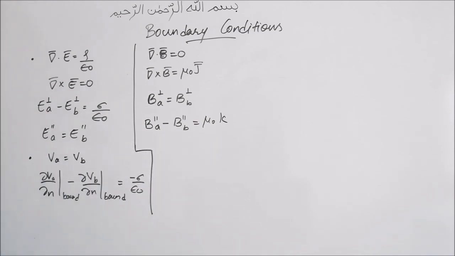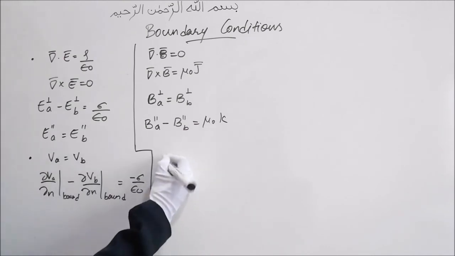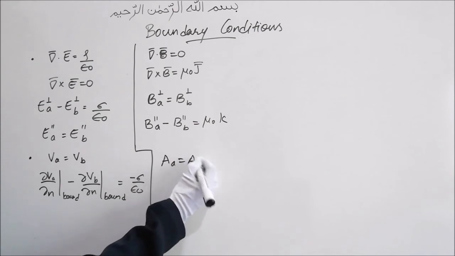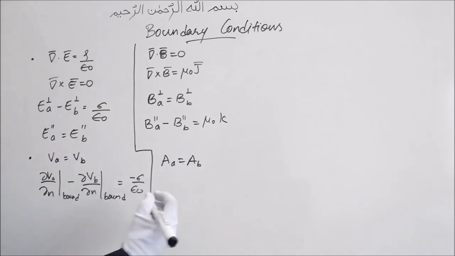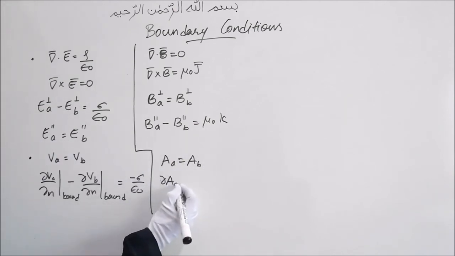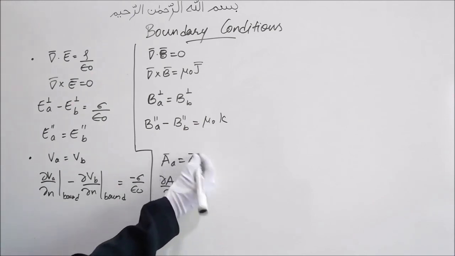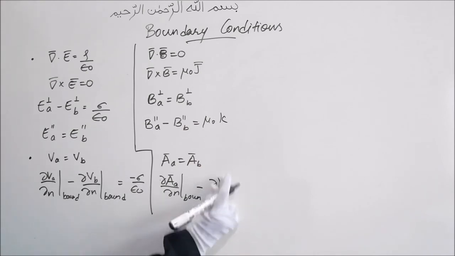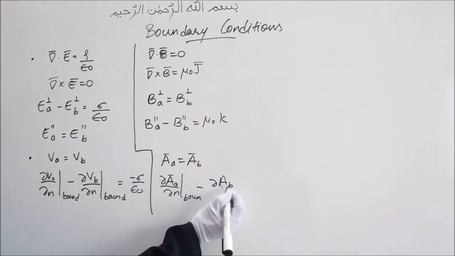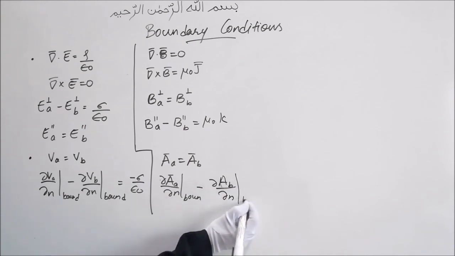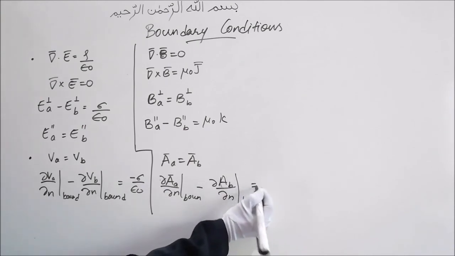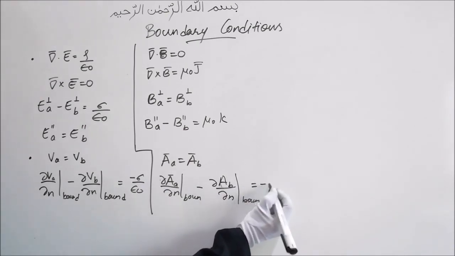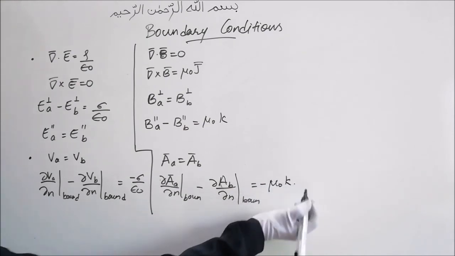Here, for the magnetic vector potential, A above is equal to A below, and del A above upon del n, these are all vector quantities, at the boundary minus del A below upon del n at the boundary is equal to minus mu naught K.